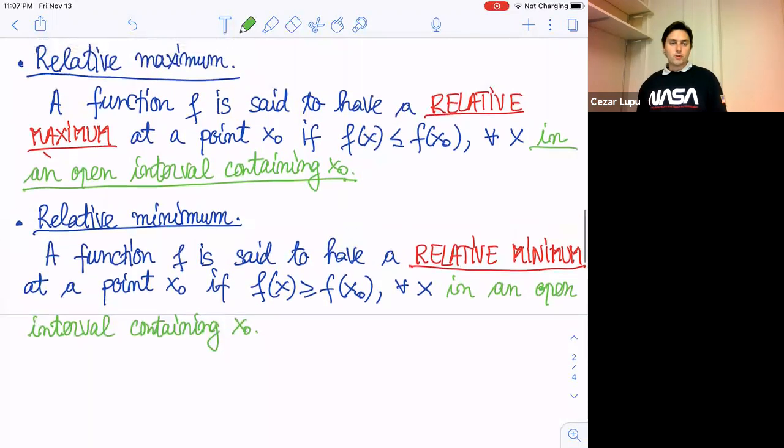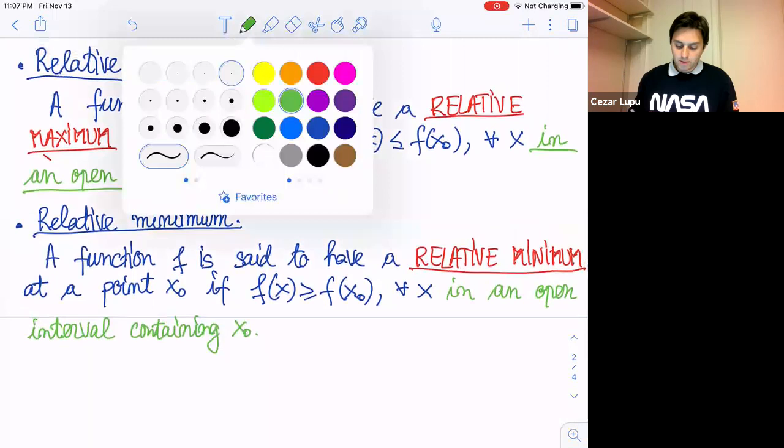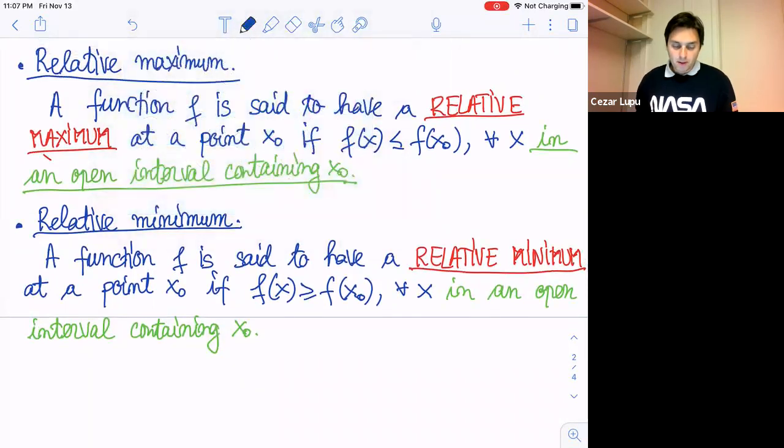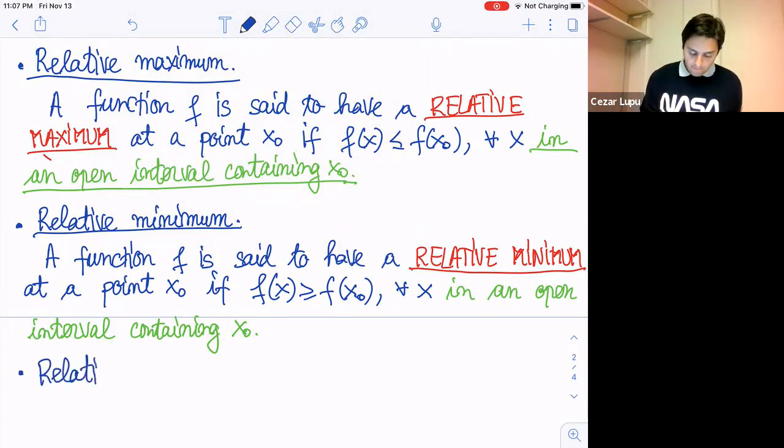Right? So I want you to look at these two definitions. And now, combining these two together, I would like to say what it means for a function to have relative extrema.